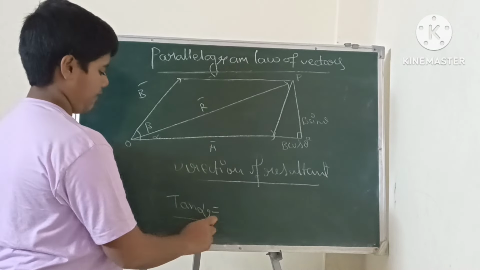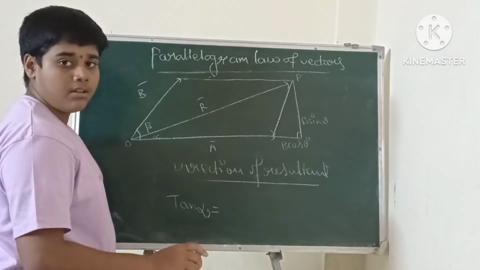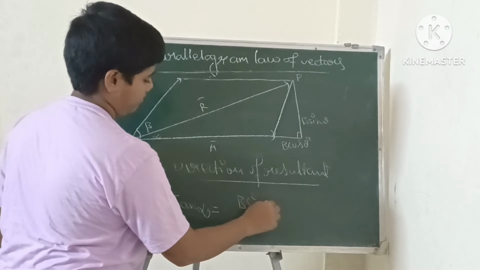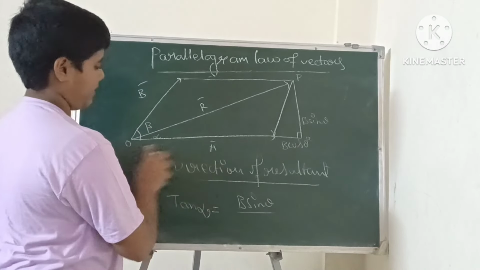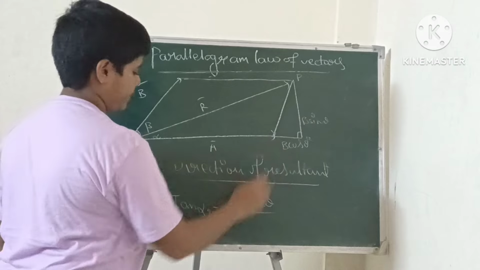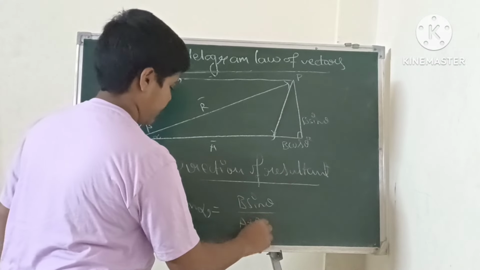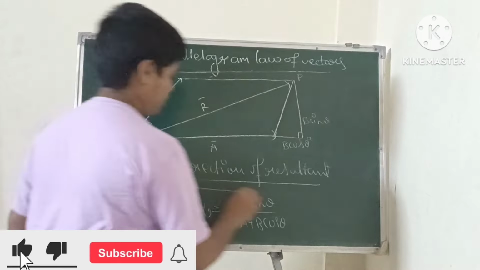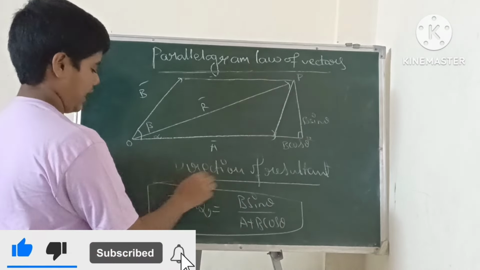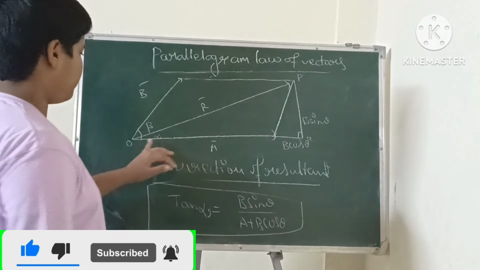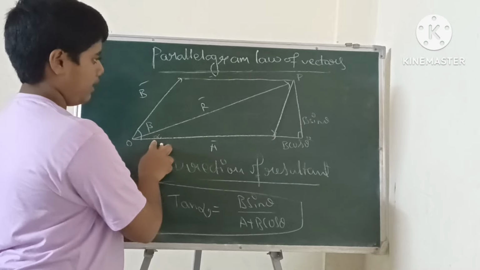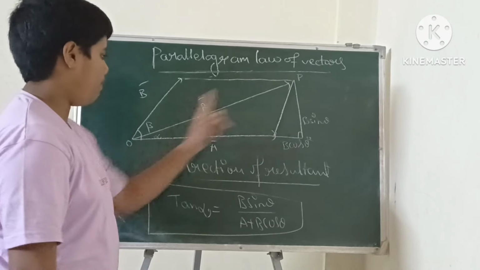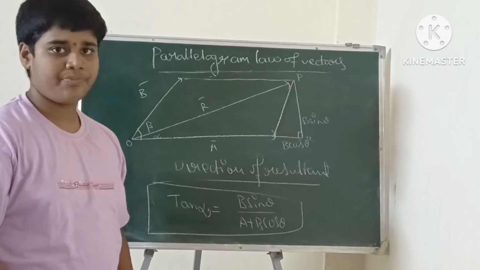So tan alpha is equal to opposite side, which means B sin theta, by adjacent side, A plus B cos theta. A plus B cos theta. Okay. So this is tan alpha. Alpha means this angle, and we can find the direction of this OPR triangle. Okay.